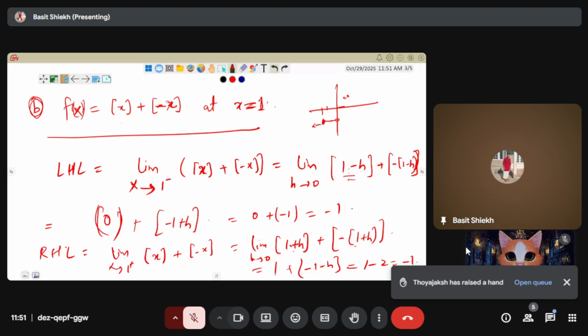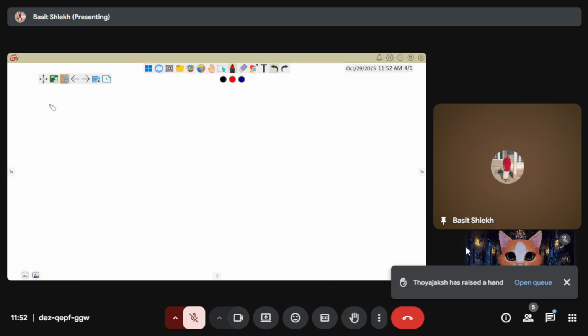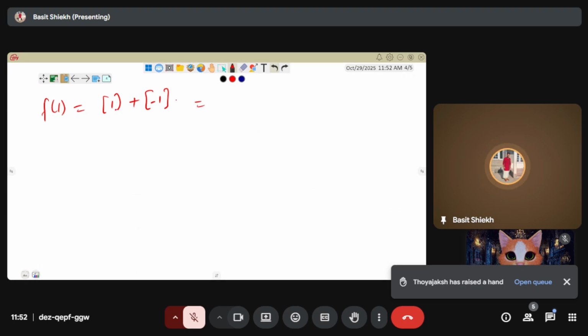So we got left hand limit equal to right hand limit. And what about the value of the function? What is f of 1? F of 1 is this plus this. This will give us 1 only, and this will give us minus 1, which is equal to 0.